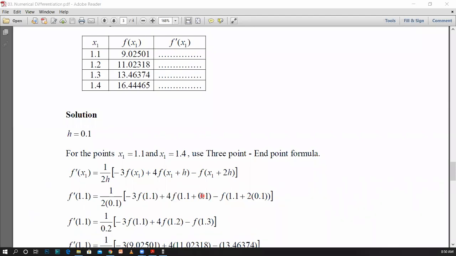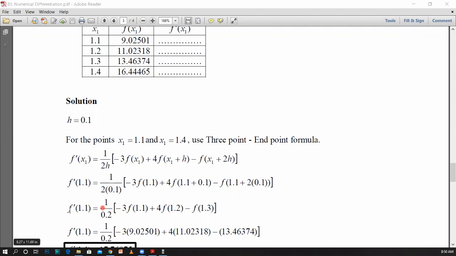I am doing the calculation for the values inside the bracket. Then I am getting f dash 1.1 equal to 1 divided by 0.2 times minus 3 times f(1.1), which is the value of the function f at 1.1. Then 4 times f(1.2), once you do this calculation, 1.1 plus 0.1, you get 1.2.